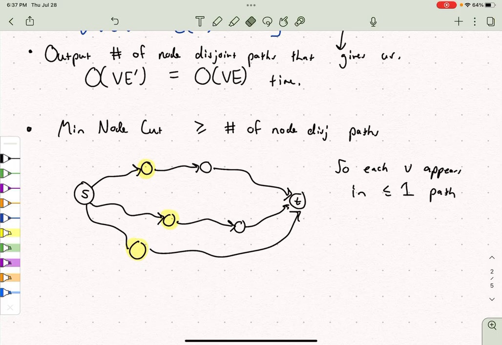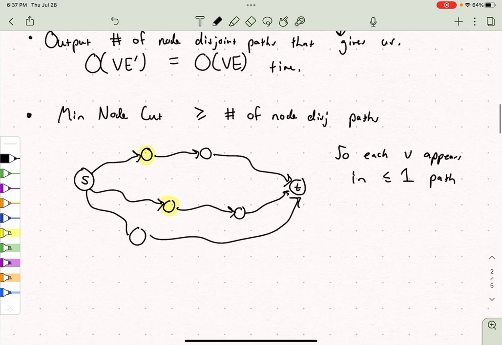So in particular, let's say we didn't kill this node here. Well, obviously S and T aren't disconnected. We can just take this path here. And that gives us a path from S to T. So at the very least, we have to touch one node per path.